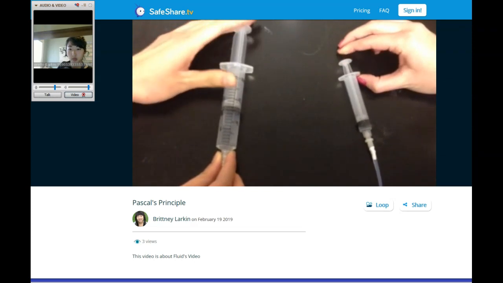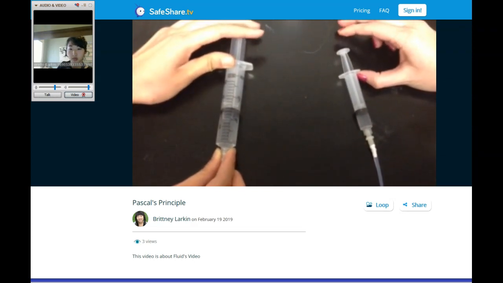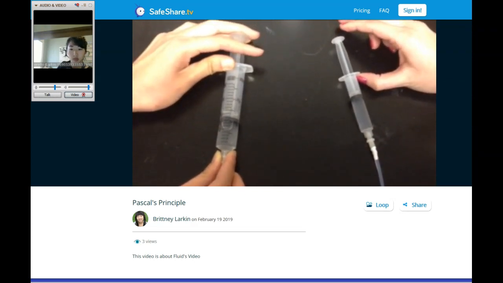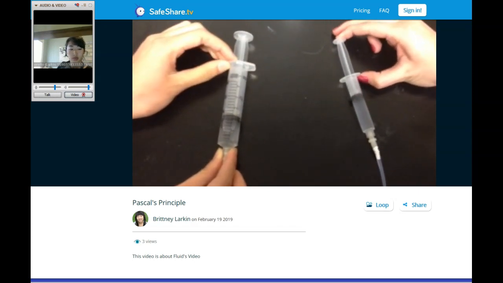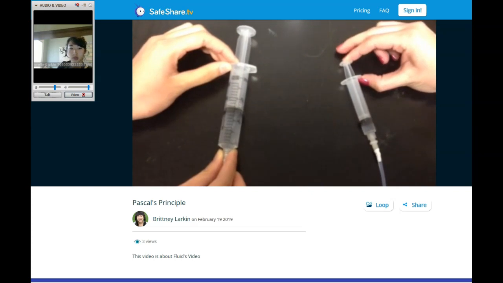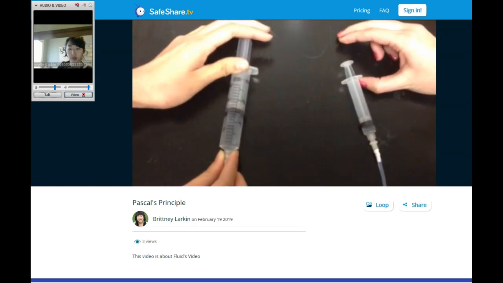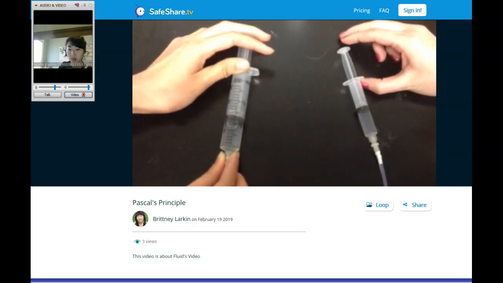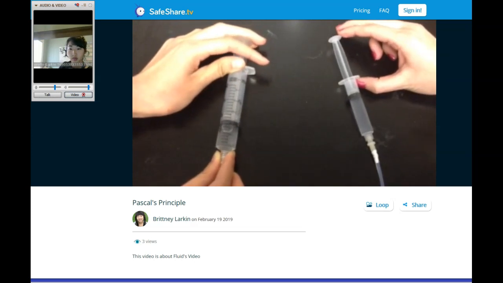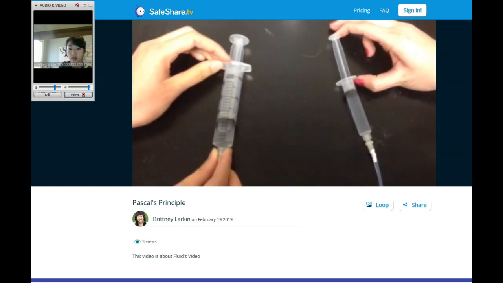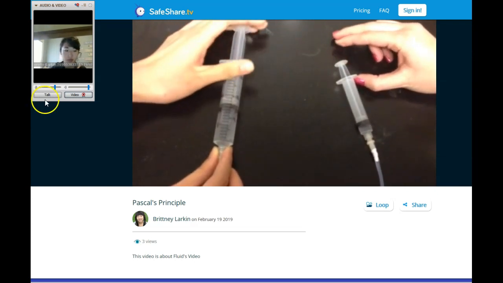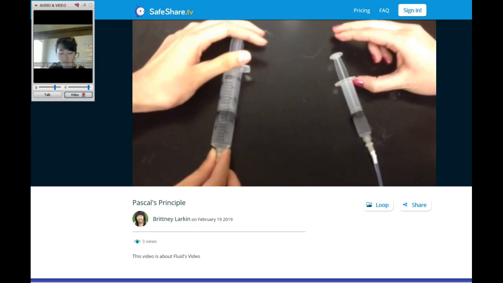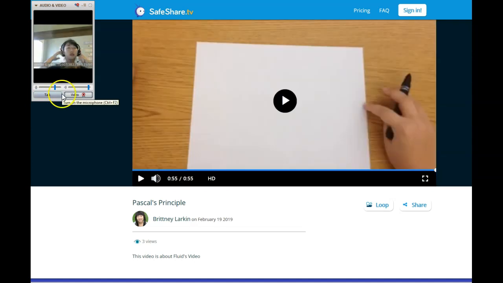Due to Pascal's principle, the pressure that the fluid experiences at each point in the system is equal. Therefore, the pressure at each syringe is equal. We also know that pressure equals force divided by area, so mathematically, each pressure can be replaced by its respective force over its area. The smaller syringe has a much smaller area, therefore it requires less force to achieve the same pressure.